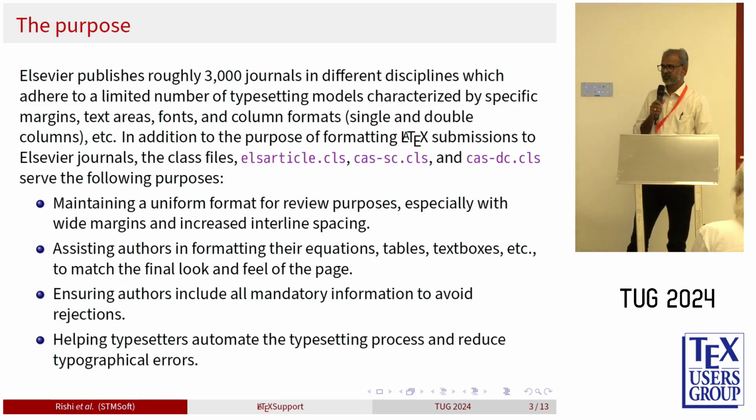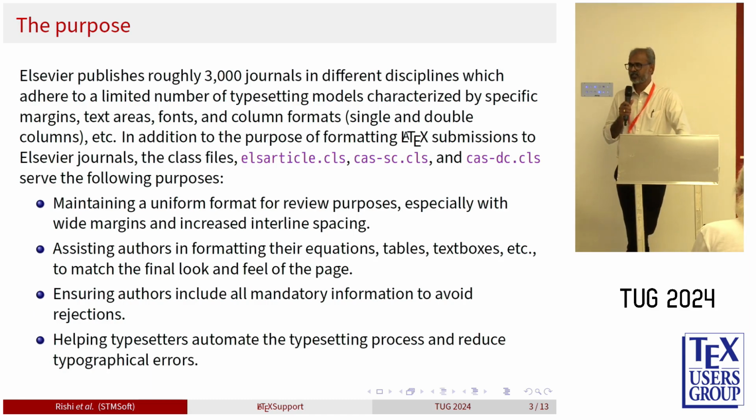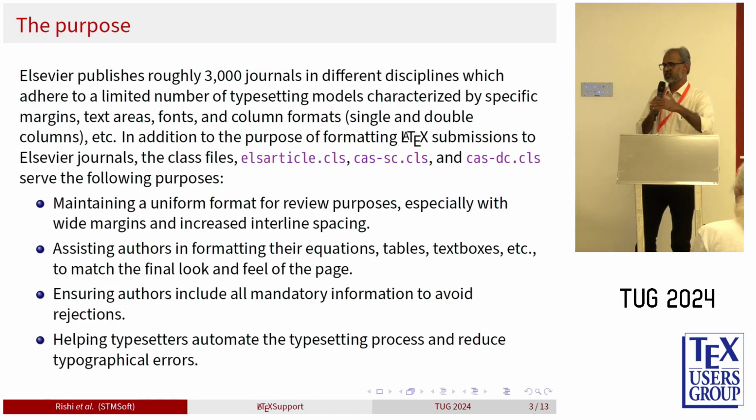Another thing is ensuring authors include our mandatory information. For example, the journal requirement may be to provide an ORCID, or the corresponding author's email ID is compulsory, or affiliations should be given in a certain way, and a graphical abstract is compulsory, etc. If they use just an article class or any custom class, there will not be any restrictions to use all these.